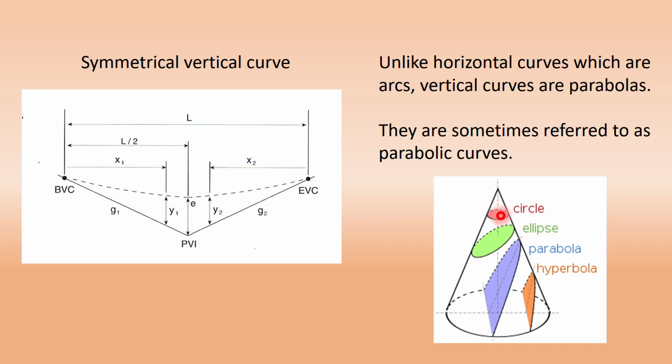But if you take that slice and cut it down at an angle, from one side of the cone down to its base, that resultant is not a circle, it has a changing radius, right? Because you're slicing it into the cone up here, which has a smaller radius, than down here, which is a bigger radius. So the resultant figure is actually a parabola. And in Hickerson and some other books, you'll see vertical curves actually referred to as parabolic curves.